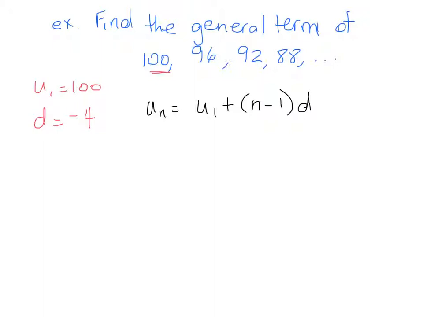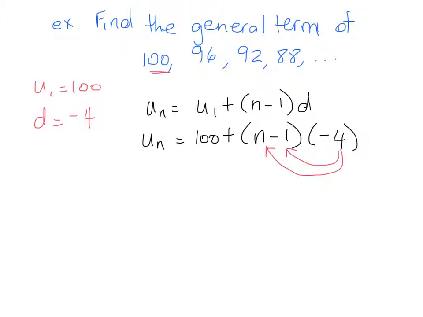Okay, so u_n is equal to u_1, which is 100, plus (n minus 1) times d, which is -4. At this point, we can distribute our -4, and we get that u_n is 100 minus 4n plus 4. So I just distributed that -4.